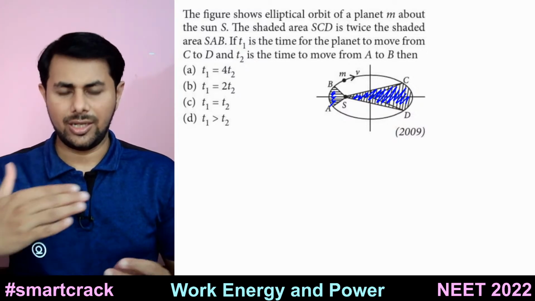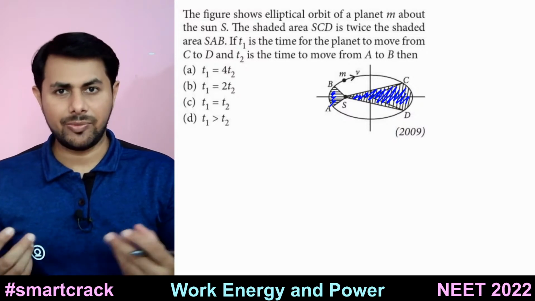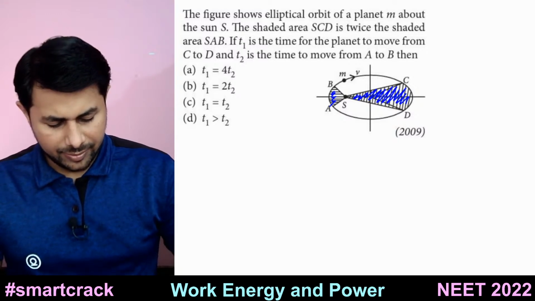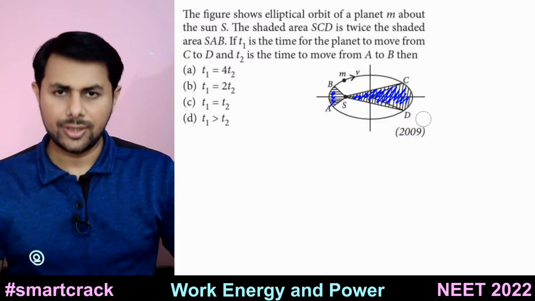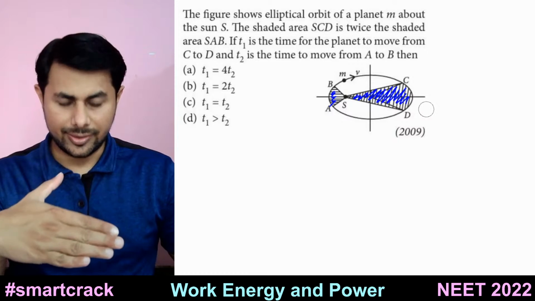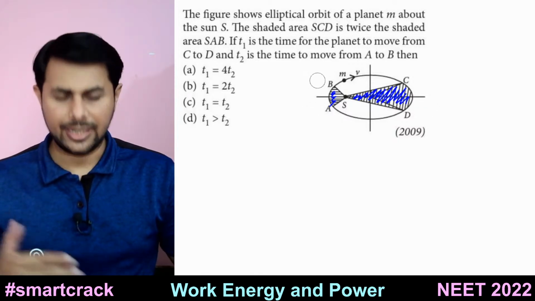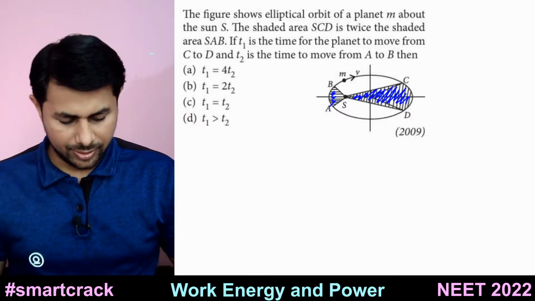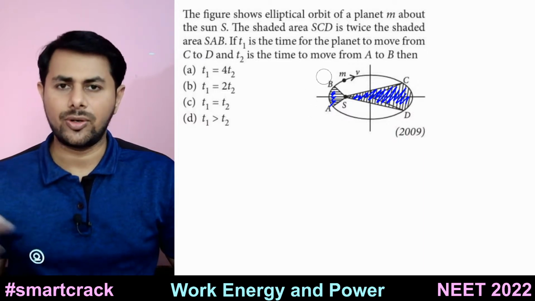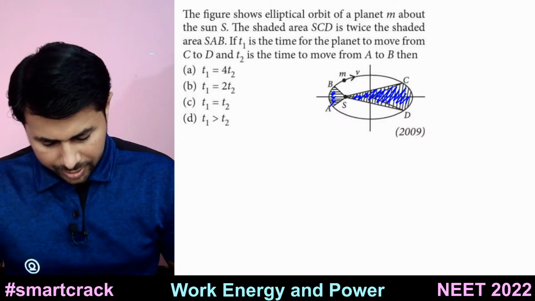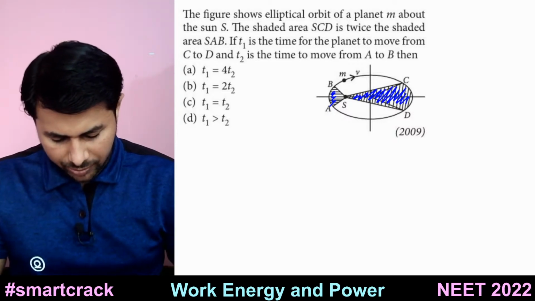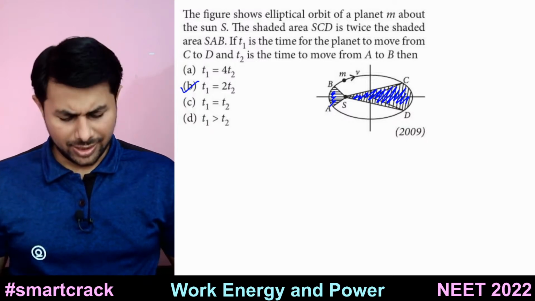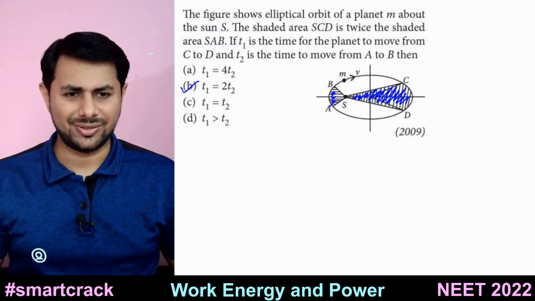That means if the area is double, the time taken will also be double. So the time taken to move from C to D should be 2 times the time taken to move from A to B. Which of these is correct? Option B is the correct answer. It's very simple. I guess this is the simplest question.